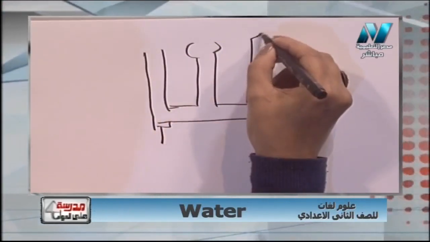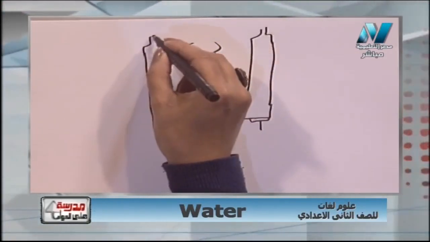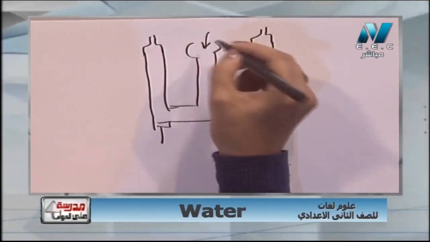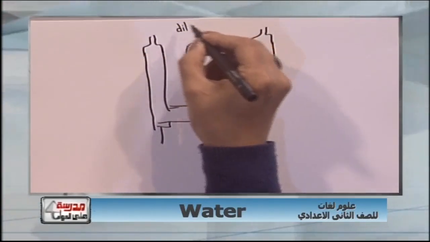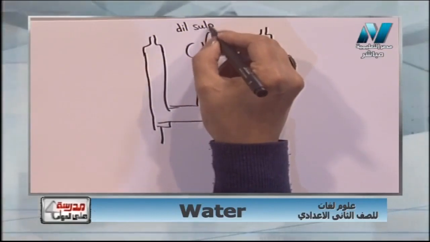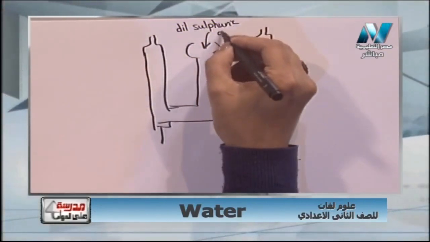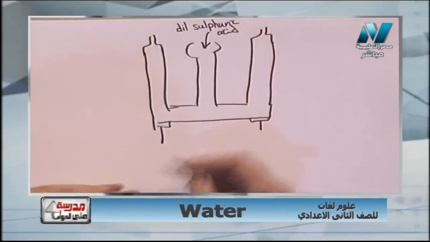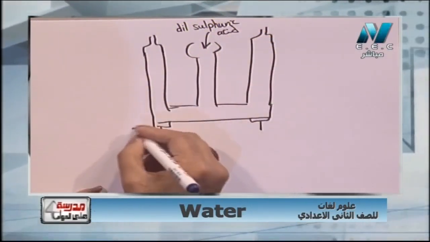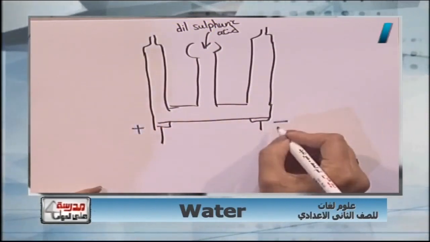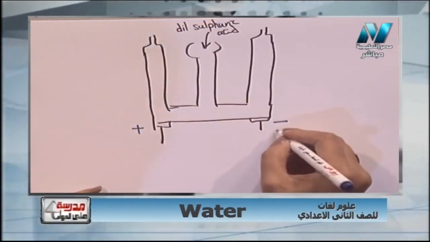Here we added what? Diluted sulfuric acid. This is positive and negative. The negative we call it cathode.